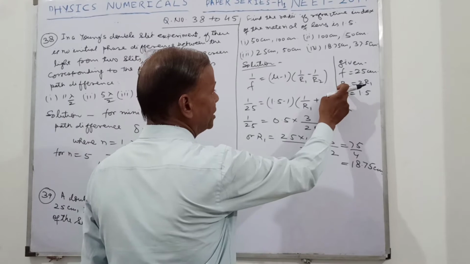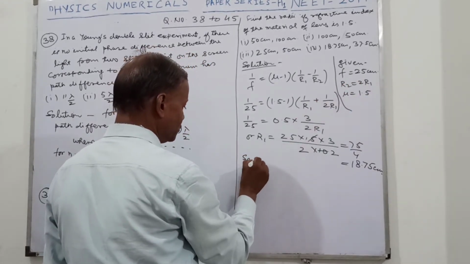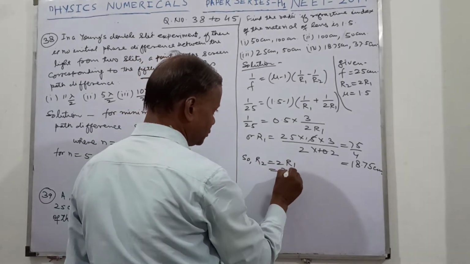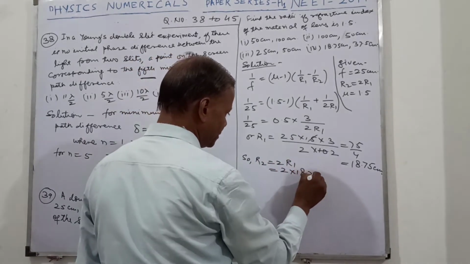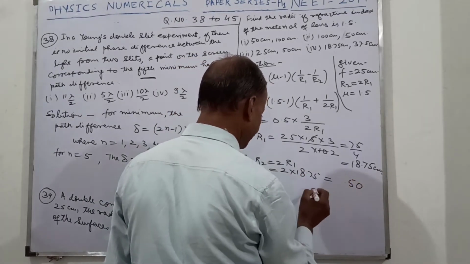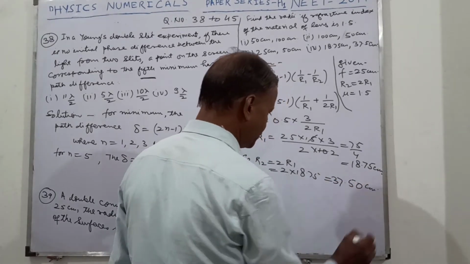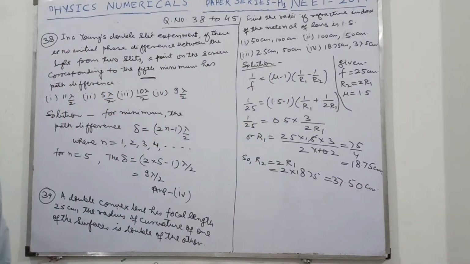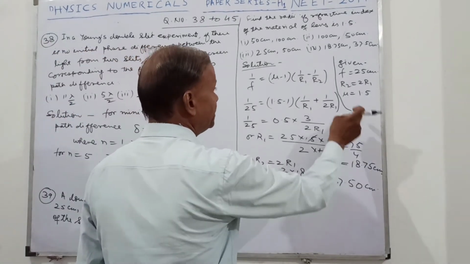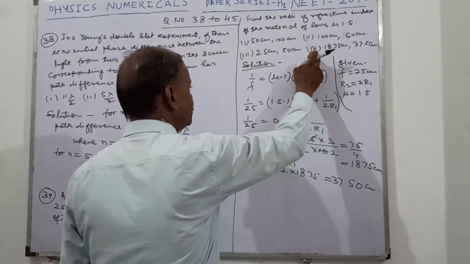Then you find R2, which is just double of it. So R2 equals 2R1, so 2 into 18.75, which is 37.5 centimeter. So R2 is 37.5 and R1 is 18.75. So our right option is fourth.